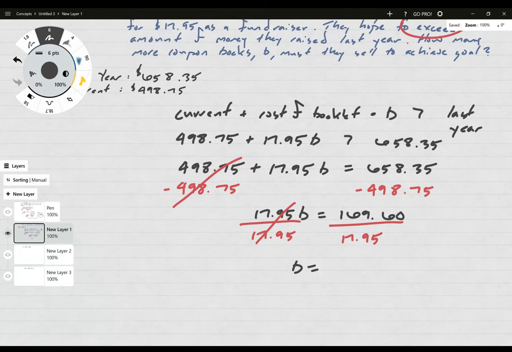$169.60 divided by $17.95. So that's going to give me... this is 59.